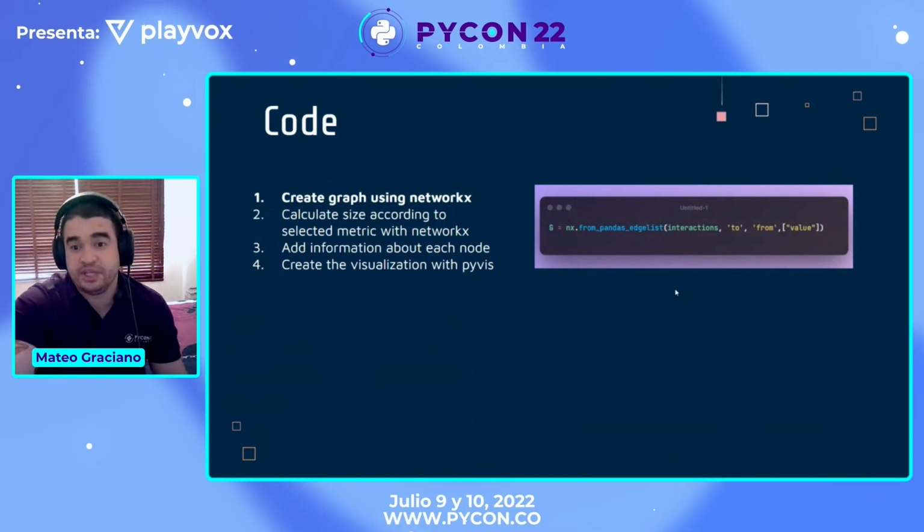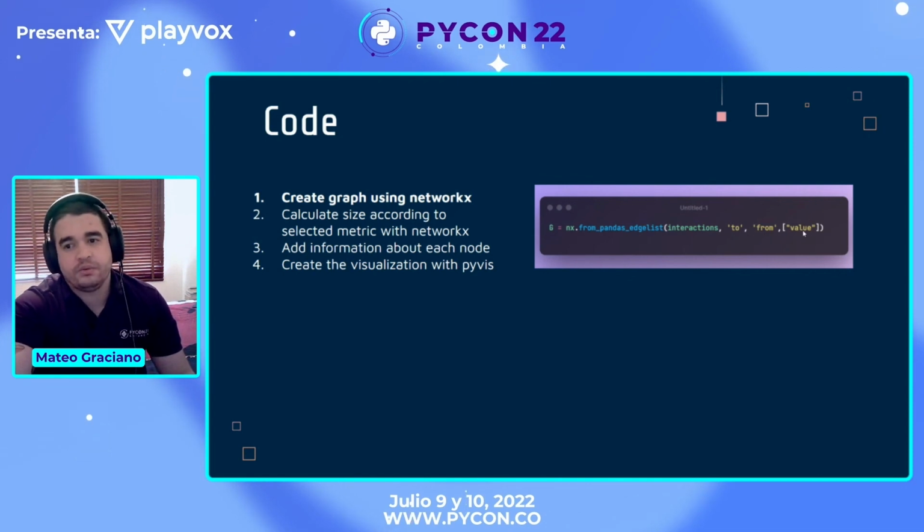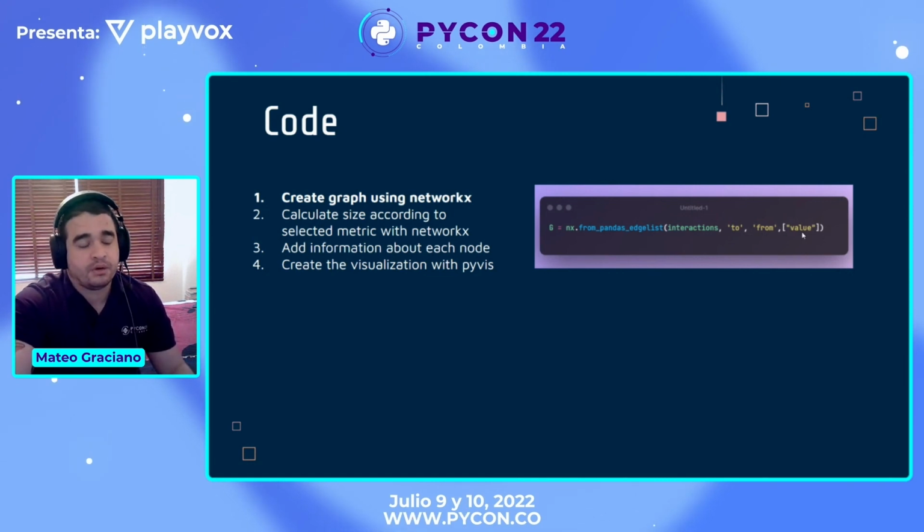So the code is pretty simple. Create a graph. Once you're creating the graph, you do the pandas thing: from who to who, and the value, which will be used as the weight of each edge. The second step is to calculate the size according to the selected metric.